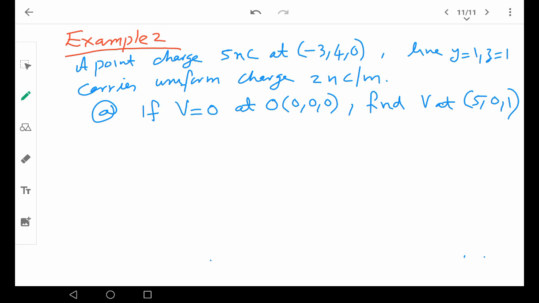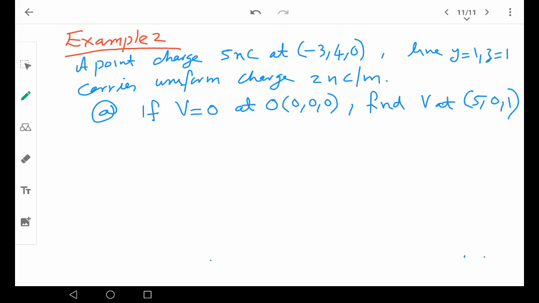This is what you have to find out. Since the reference potential 0 volt is not at infinity but at a finite point, in this case the origin itself, the point (0, 0, 0), right?